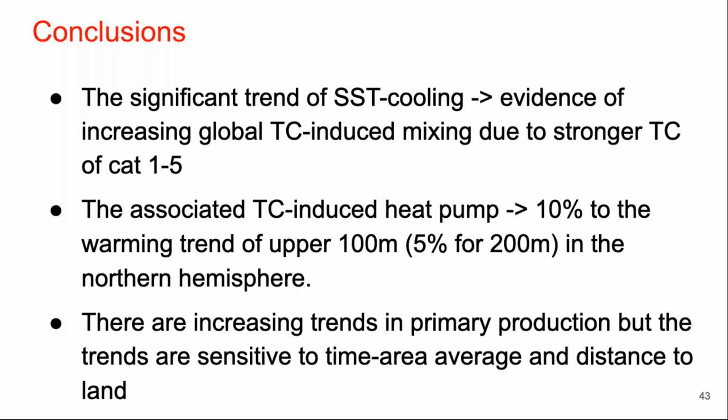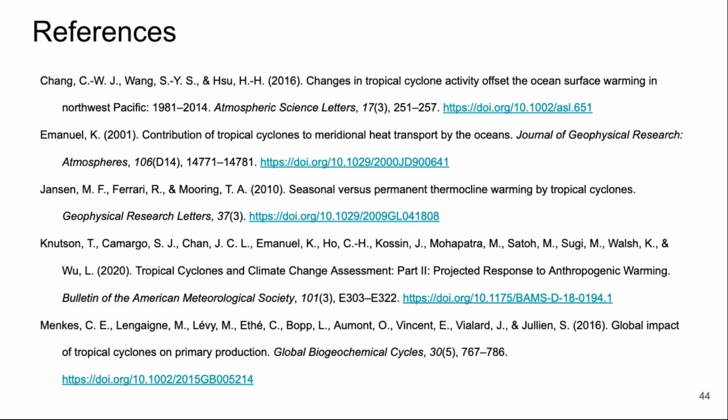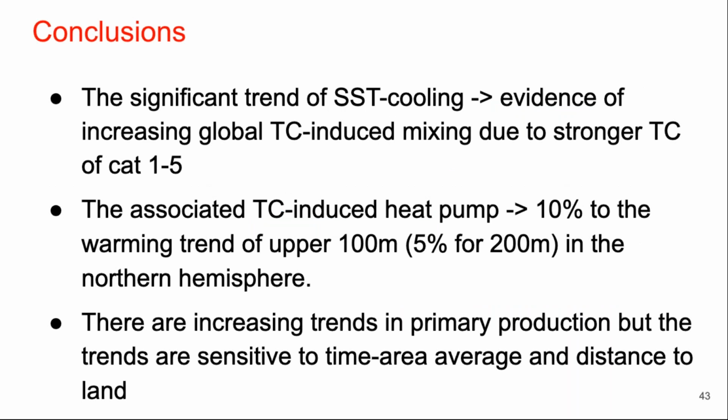The associated TC-induced heat pump can contribute about 10% to the warming trend of the upper 100 meters and 5% for the 200 meter layer in the northern hemisphere. And there are increasing trends in primary production, but the trends are sensitive to time, area average, and distance to land. Thank you for your attention. If you have any questions, please let me know.